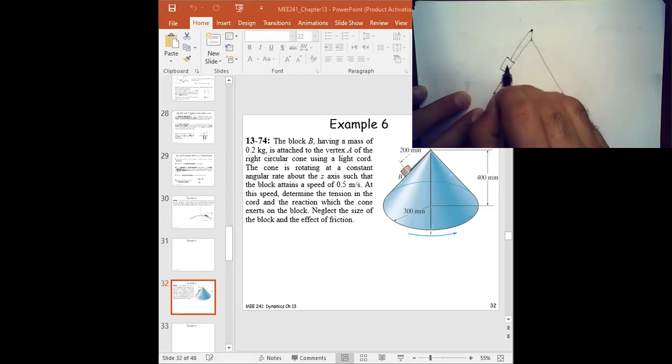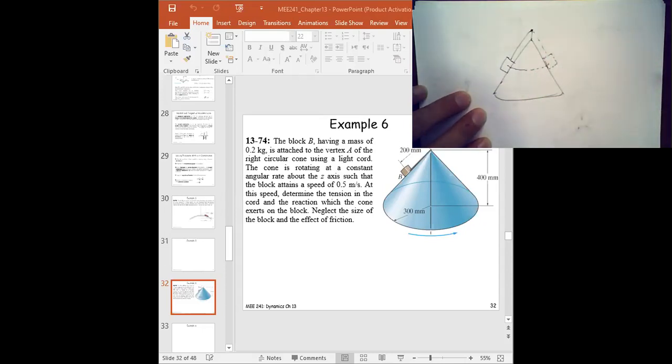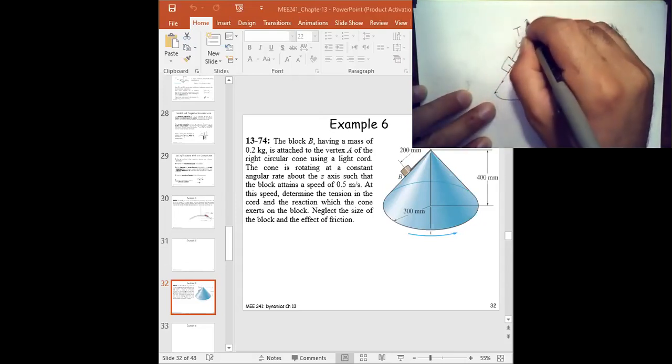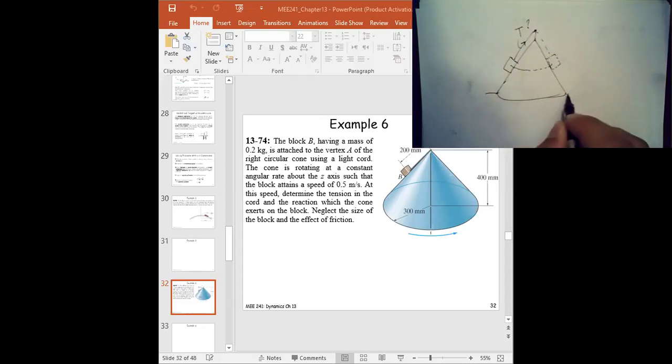This box is spinning; it's rotating around the cone. So here it would be like that. This block is spinning around the cone, and we would like to find the tension in the cable. How can you find that?